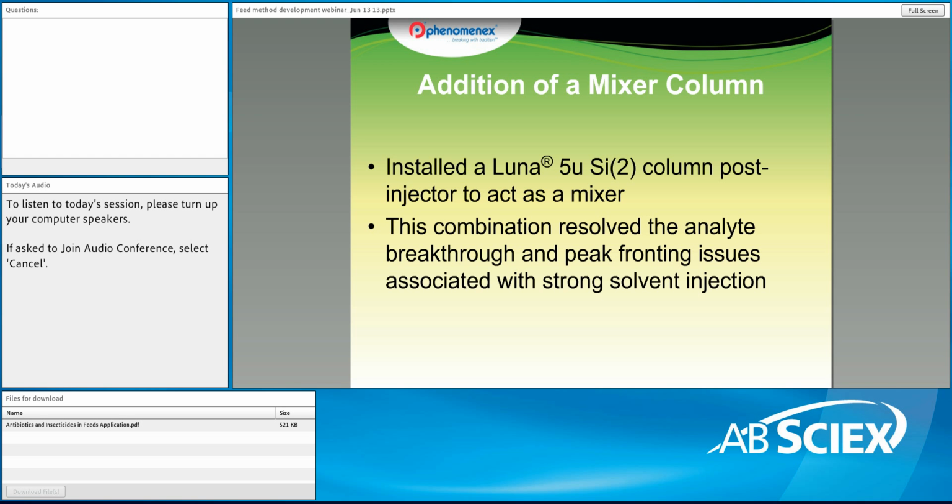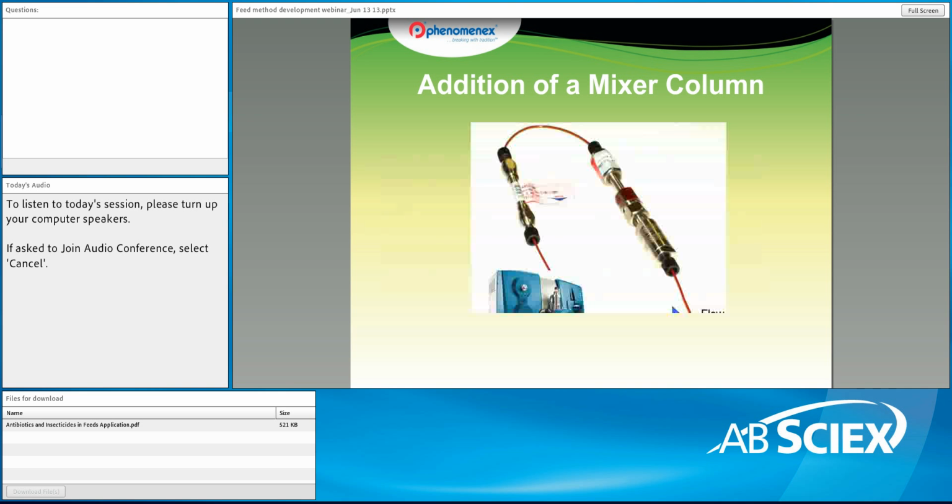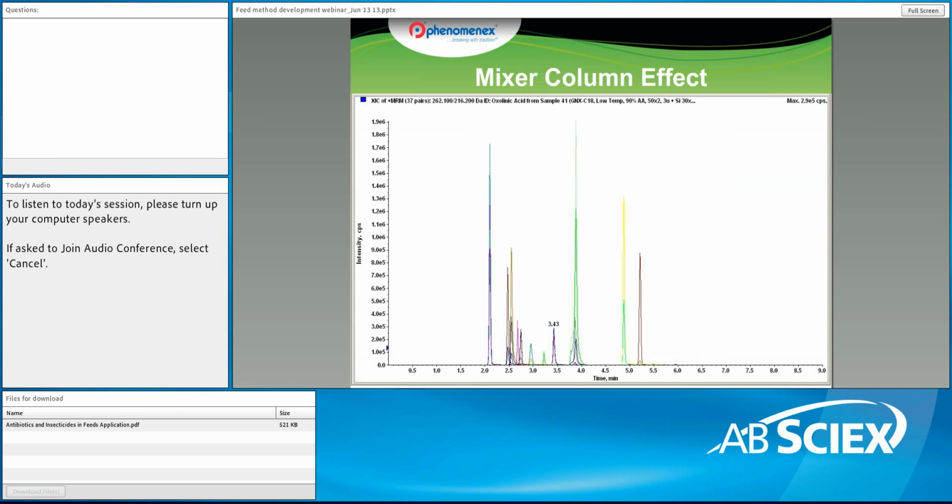By the time the analytes reach the analytical column, it will be in a mixture that is fairly close to the mobile phase conditions. So in this case, the blue arrow indicates where the sample comes. It goes through that silica column and onto the Gemini NX analytical column, and then into the mass spec.